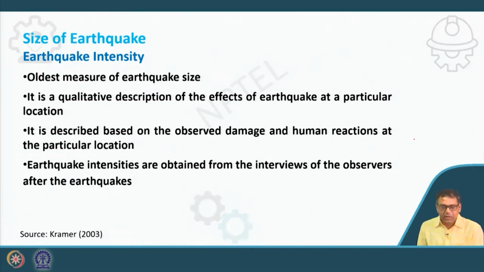There are different scales. Some are intensity based scales, some are magnitude based scales. The oldest method is the intensity based scale, and the new one is the magnitude based scale. Those things will be discussed in the next class.